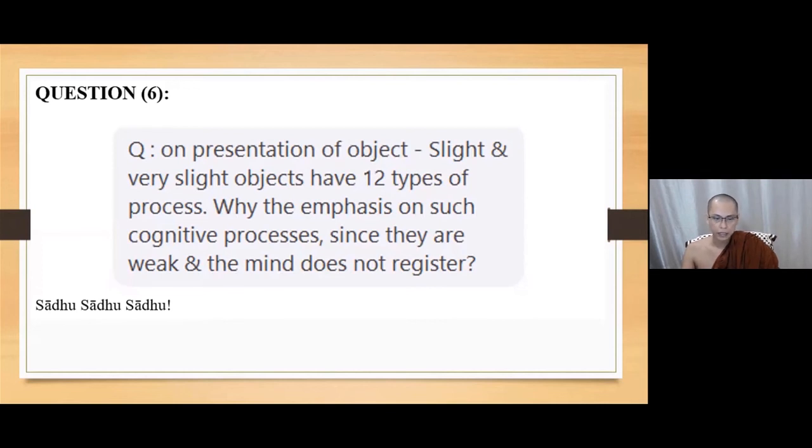Similarly, the mind movements of the 12 types of process, such as the slight and very slight, by the absence of jhana, cannot experience the full taste of the object, but they taste it for some instant. That is why they are regarded as a cognitive process.